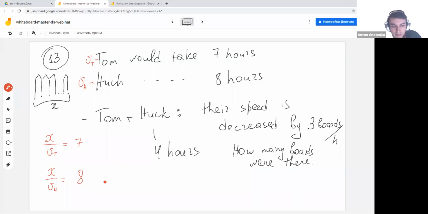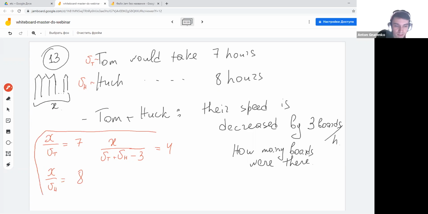When they are painting together, their speeds may be added, but we also know that they chat, so the common speed is decreased by 3. But still they can paint the fence in 4 hours. These are the 3 equations we have, and we need to find X.